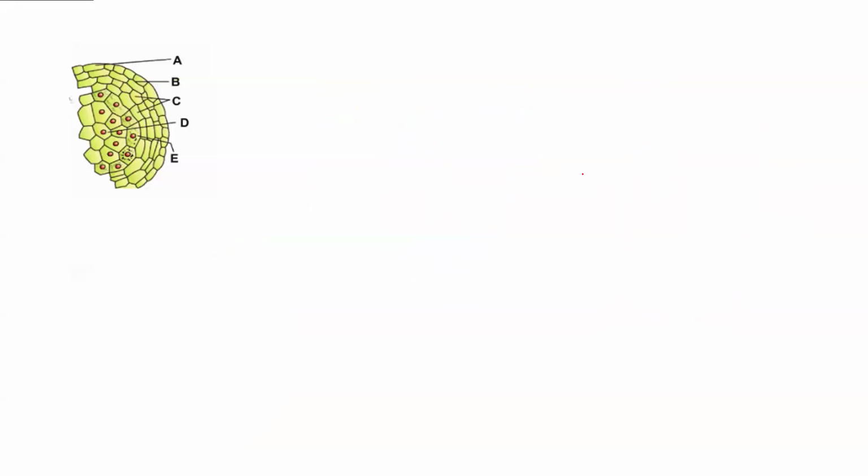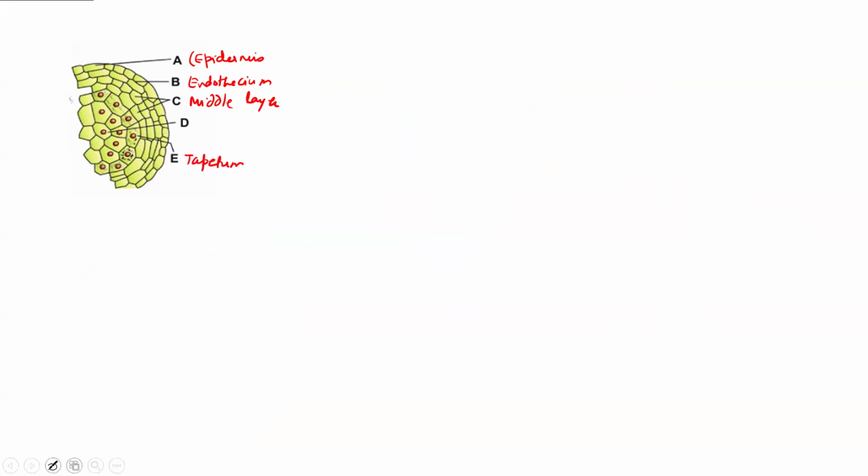Now see next. This is the diagram of the anther, and in this you will find only one anther wall, one microsporangium we are taking, and we are going to discuss the wall. The outermost layer is epidermis. Second is endothecium. This is the middle layer. And this is tapetum. Please remember, this is tapetum.